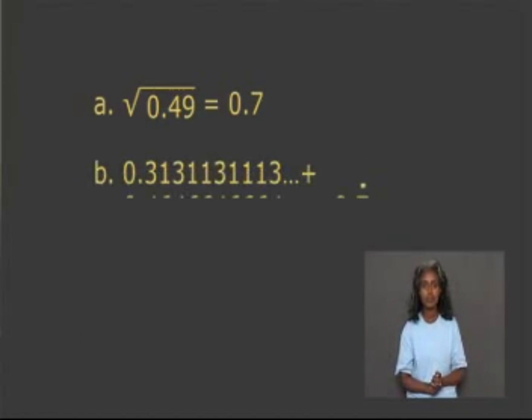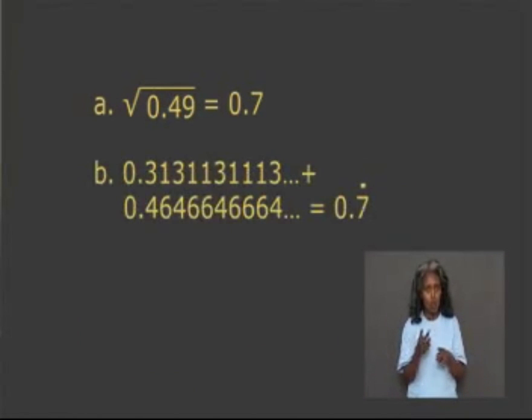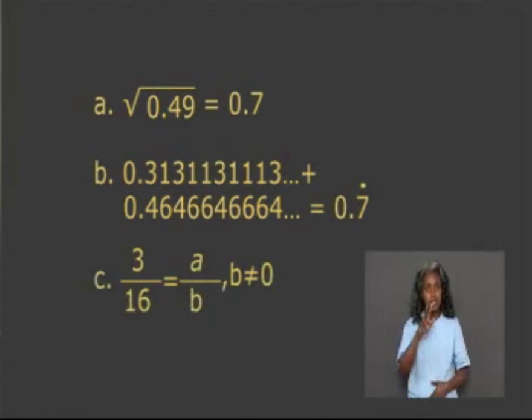Although both of the numbers in B are irrational, their sum is the repeating decimal 0.7. So B is a rational number. 3/16 is a fraction of two integers where the denominator does not equal 0.